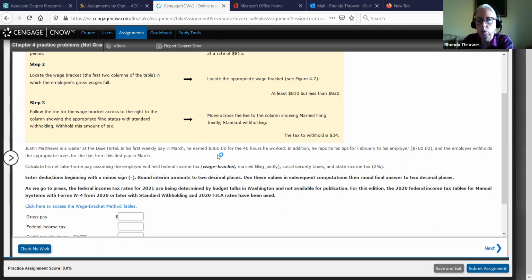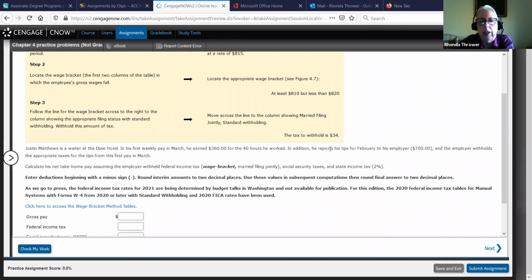So when we get ready to calculate the federal income tax, we're going to be combining both of these amounts to find the total amount of wages that that employee was paid. All of those are going to be taxable. So we're going to add the two of these together to get our federal income tax amounts.